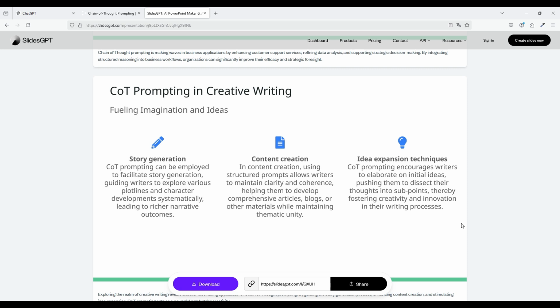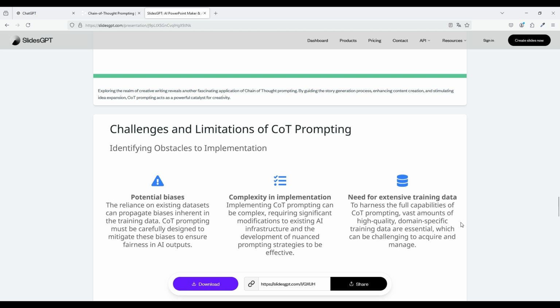You can also expand your ideas whenever you have, let's say, design thinking workshops or something like that. Chain of thought can be a very good assistant in that case.